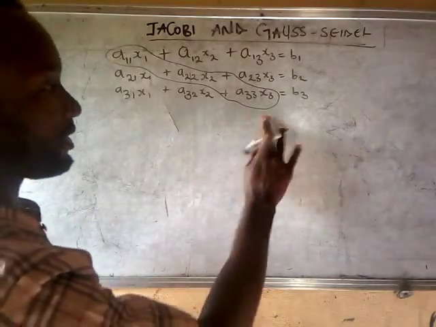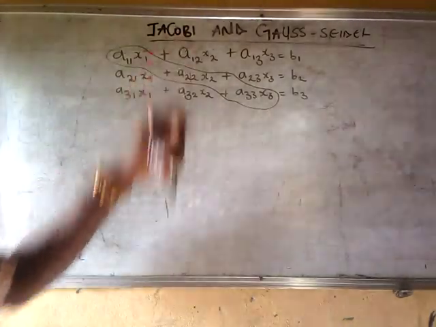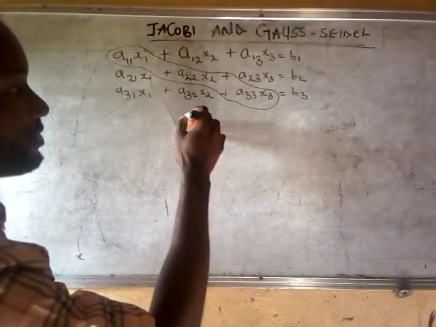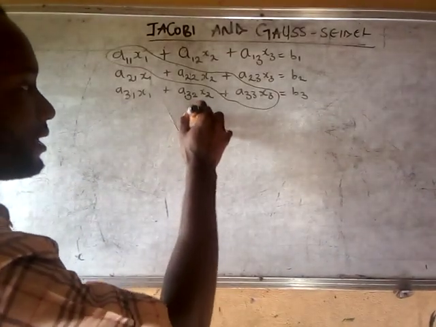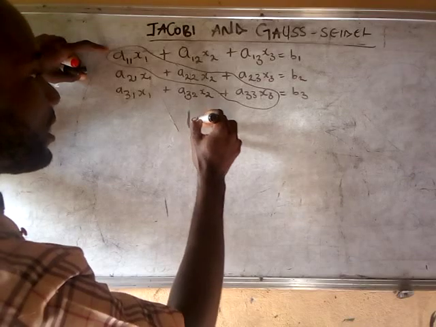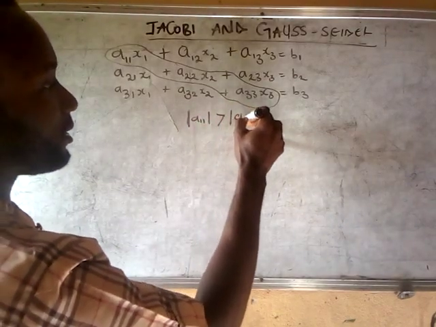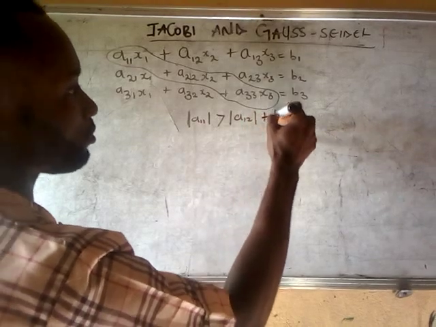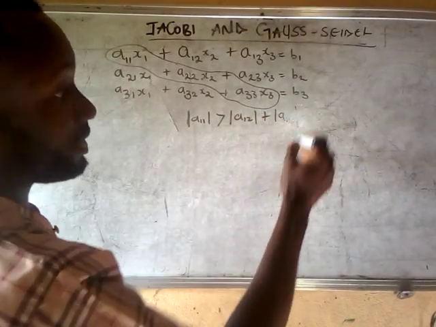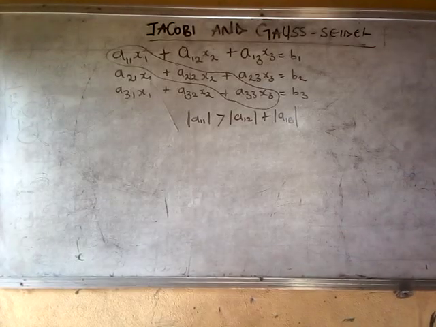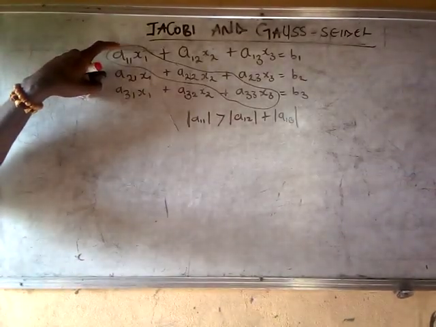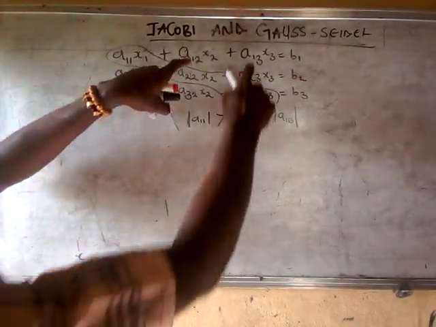In every equation given, before you start solving Jacobi method, you need to observe that since you are picking this one now, a11 will be greater than the sum of the other two. This is what I mean. In Jacobi and this other method, the coefficient here will be greater than the addition of the two others here.